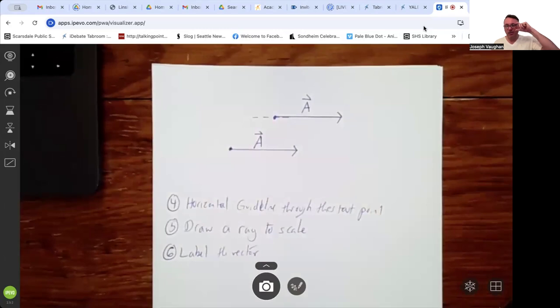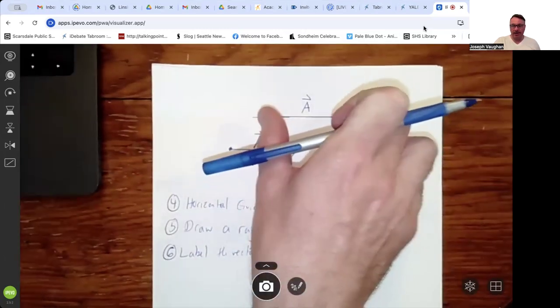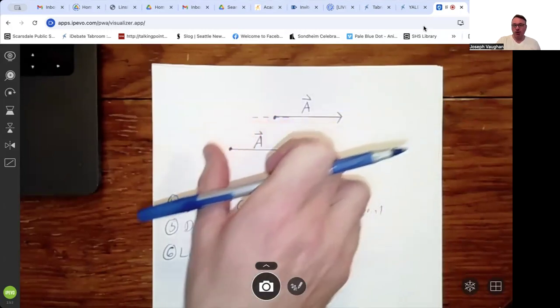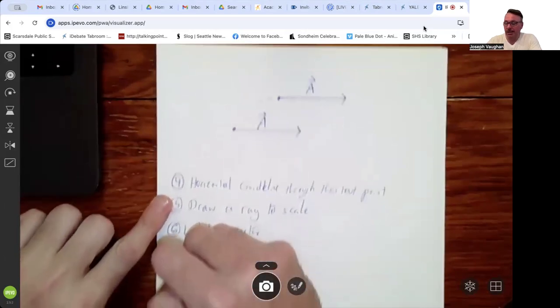So I want you to think back to your early math career, high school math career. What is the name of the operation where you pick up a geometric figure and you shift it to another location without rotating it or without changing its size, formerly known as dilation? And if you remember, that is called a translation.